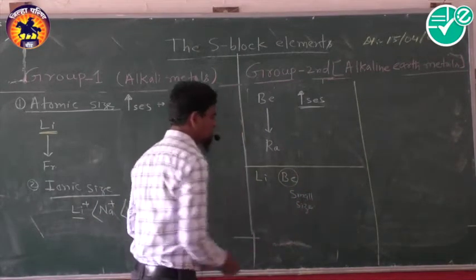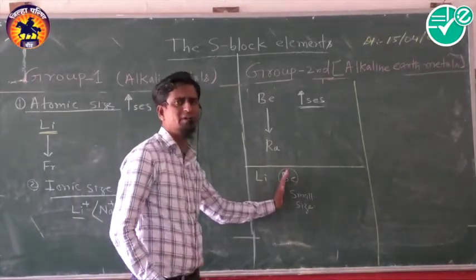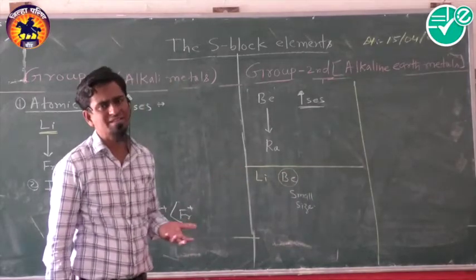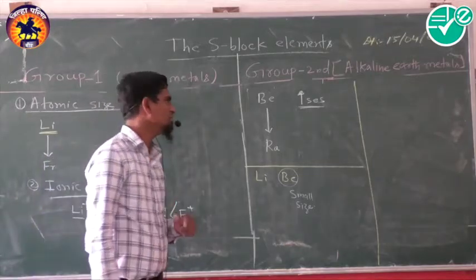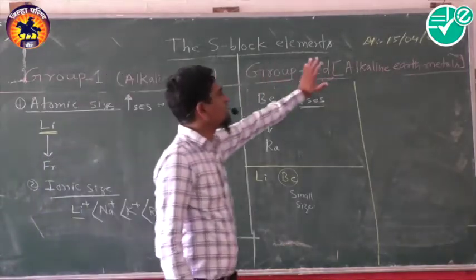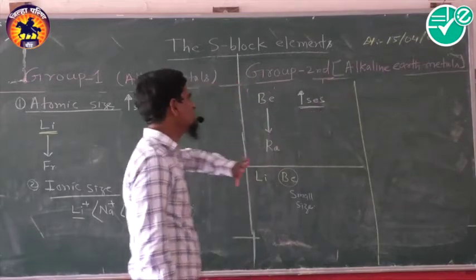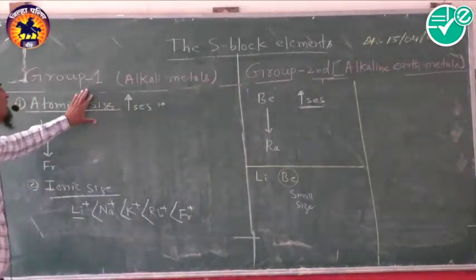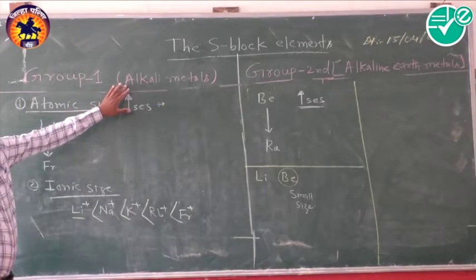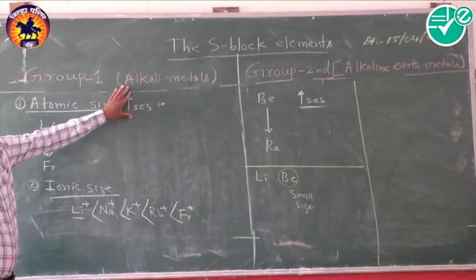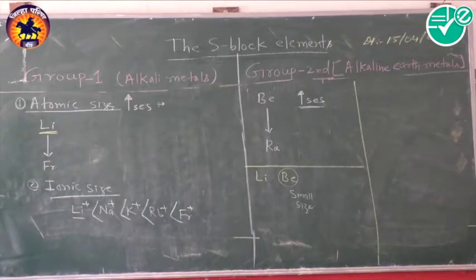Because as we move from left to right in the periodic table, the atomic size of elements decreases. So remember, the atomic size of alkaline earth metals is always smaller than the respective alkali metals in a particular given period. This was the first property for both.